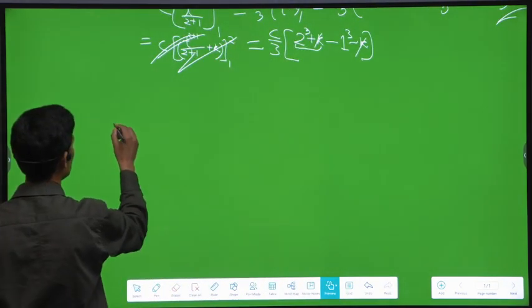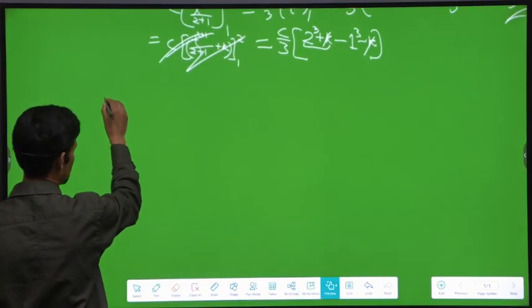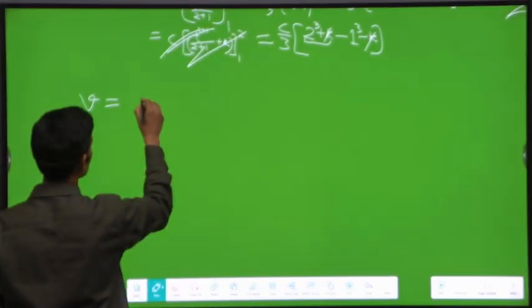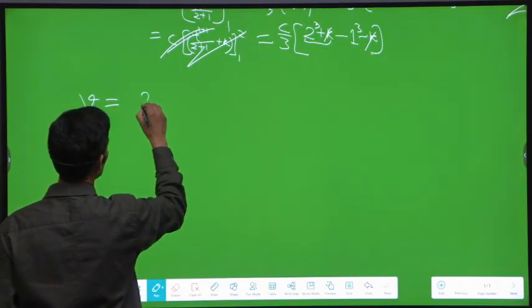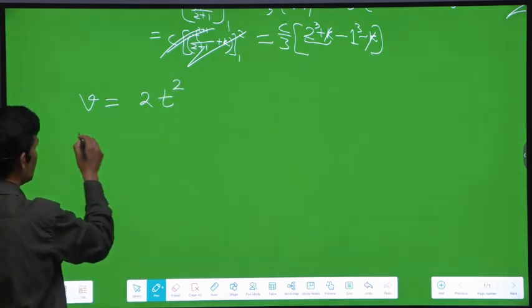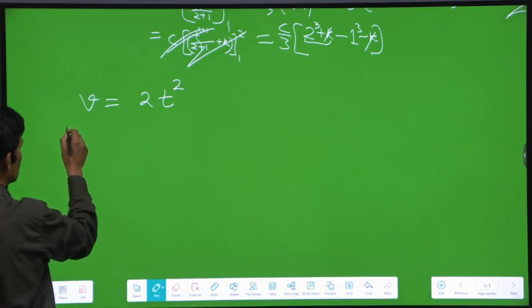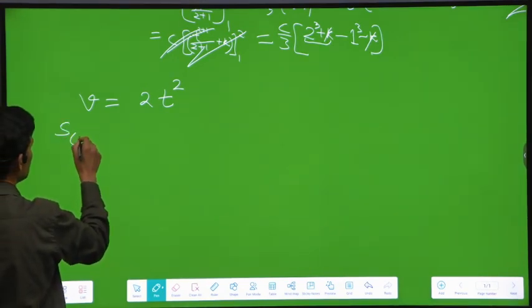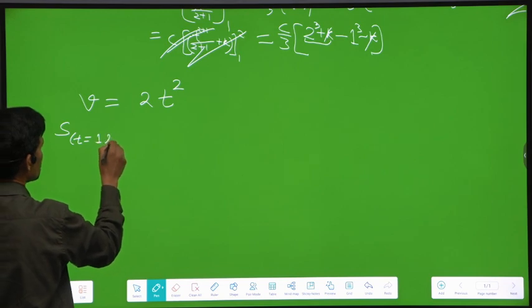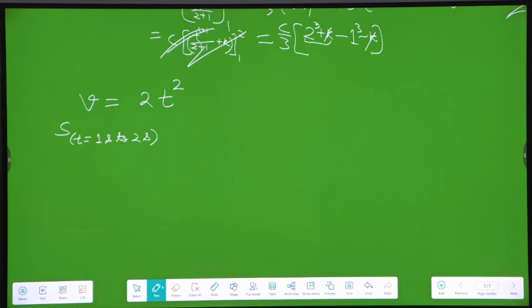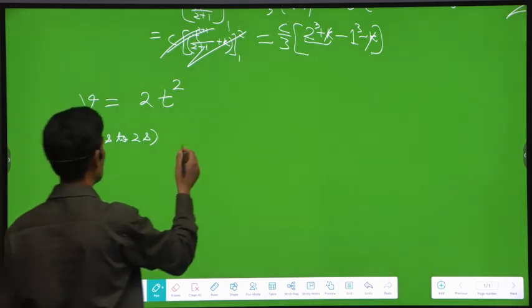Let us suppose we are given that v is equal to 2t square, and we have to find the displacement between t equal to 1 second to 2 second. It will be quite easier for us to understand.